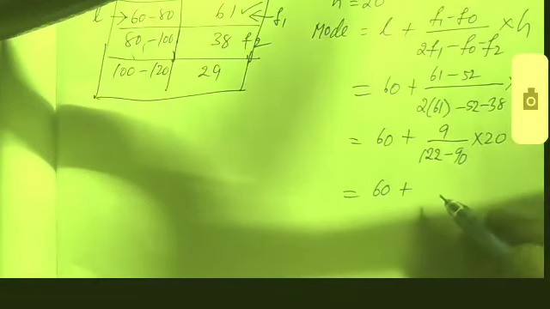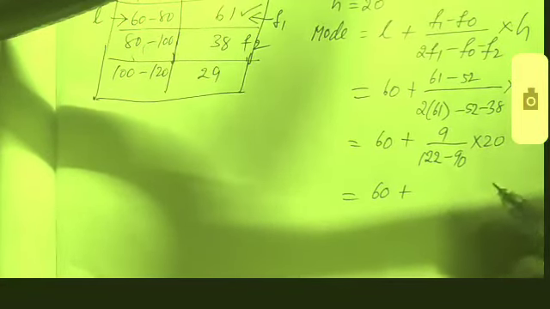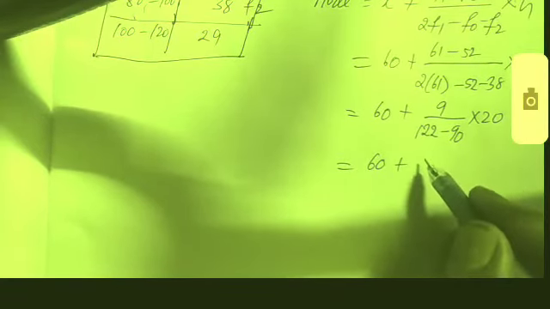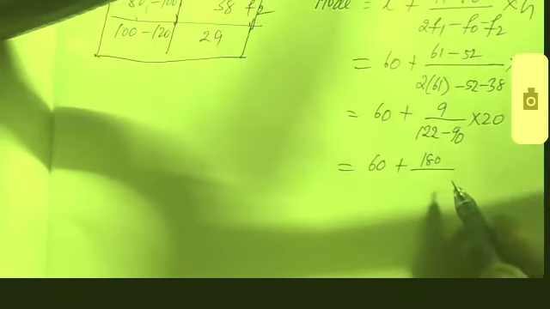Now 9 20s are 180, by 32. So we get cancellation.